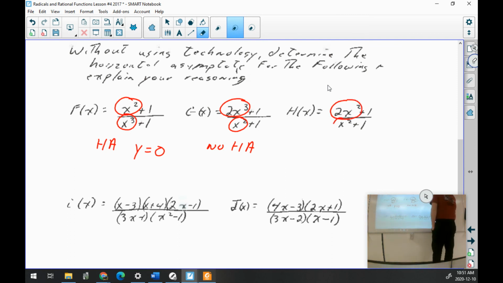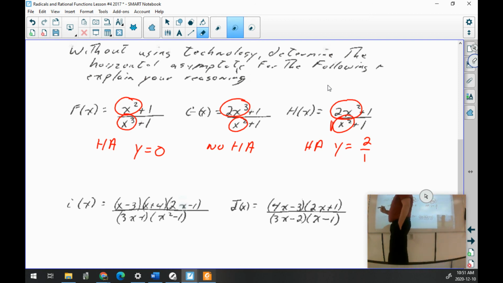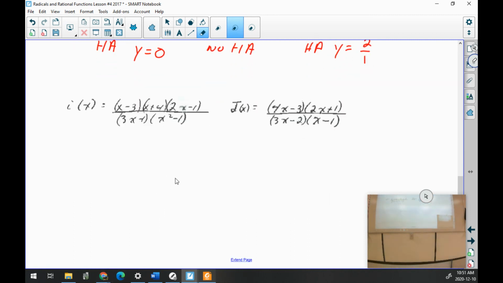Here we have a second degree over a second degree. Okay, we're going to have a horizontal asymptote at y equal to 2 over 1. I'm looking at the coefficients in front of those highest degrees. Now, down here, it's hidden. We have a third degree on top and a third degree on bottom.